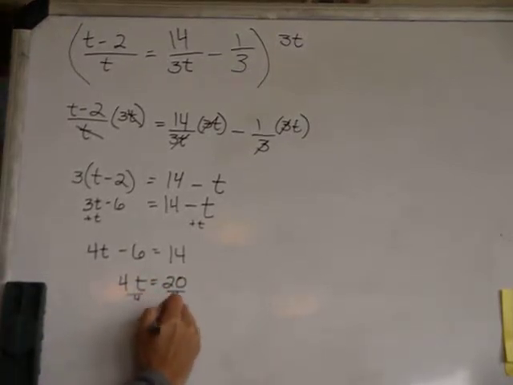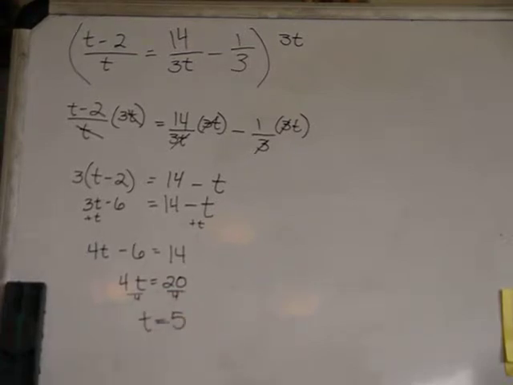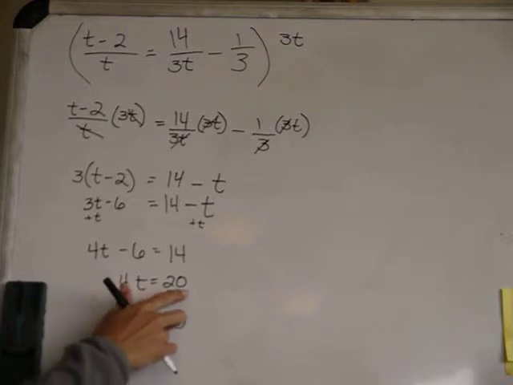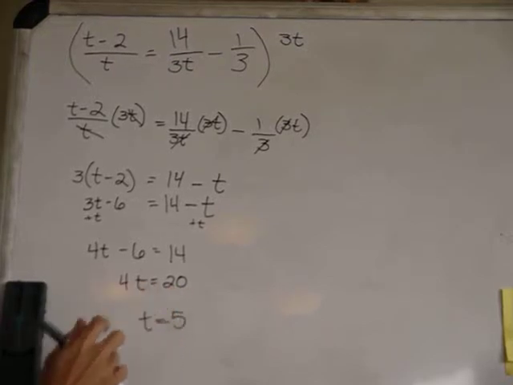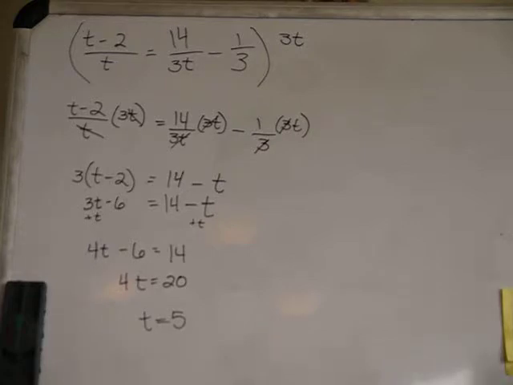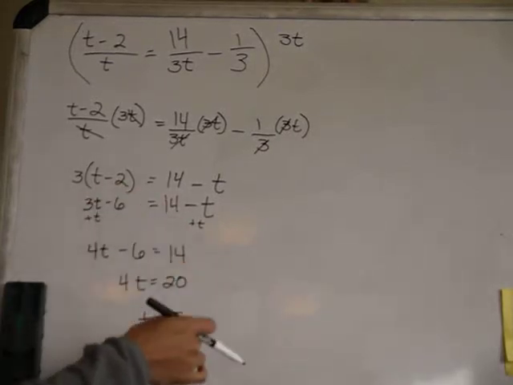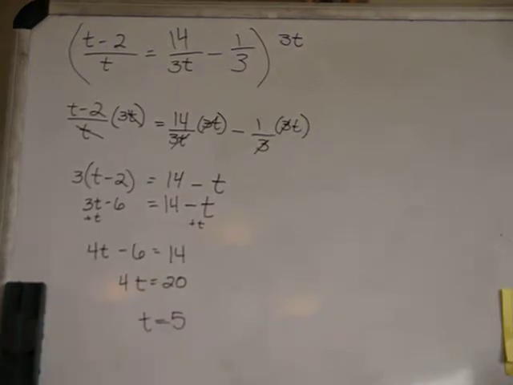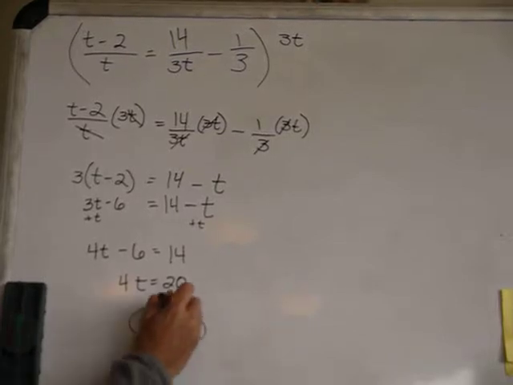But if I were to do this on my own now, I just do that. I don't show the divided by 4. It's getting to the point where after pre-algebra and most of algebra, you guys can start getting rid of some of the training wheels. Okay? So we get t equals 5.